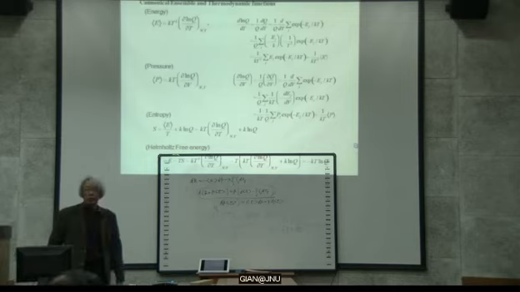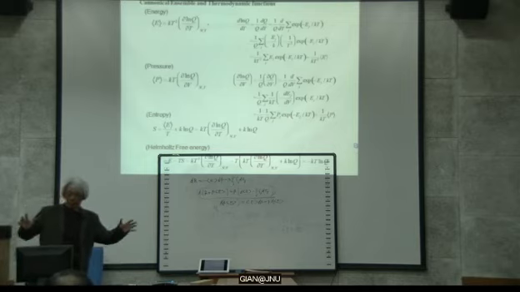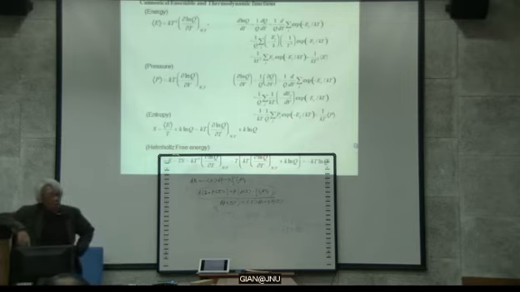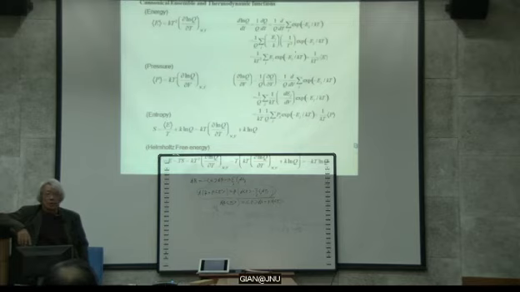Okay, any question? So we now establish the relation between microscopic quantity and thermodynamic quantity. And we will use this type of quantity all the way to discuss the liquid state.